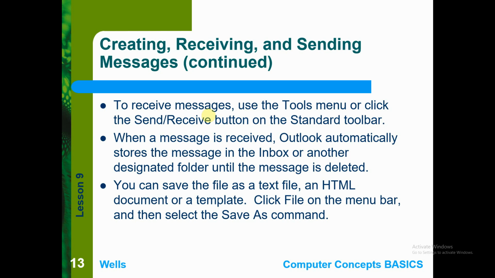If an important email was accidentally marked as spam, you just click on not spam and it will return to the inbox folder. You can also save the file as a text file, an HTML document, or a template, depending on how you would click on the file save as menu and the save as command under the file tab.